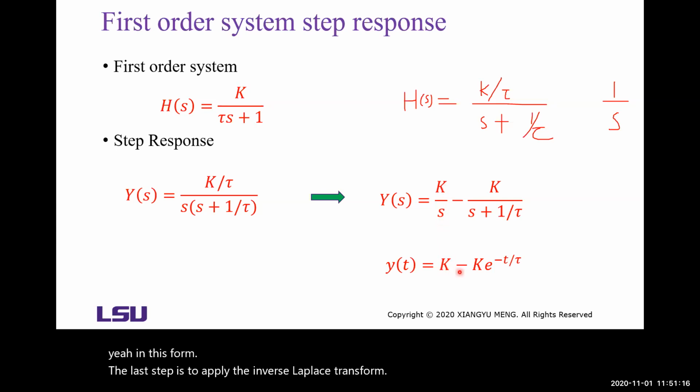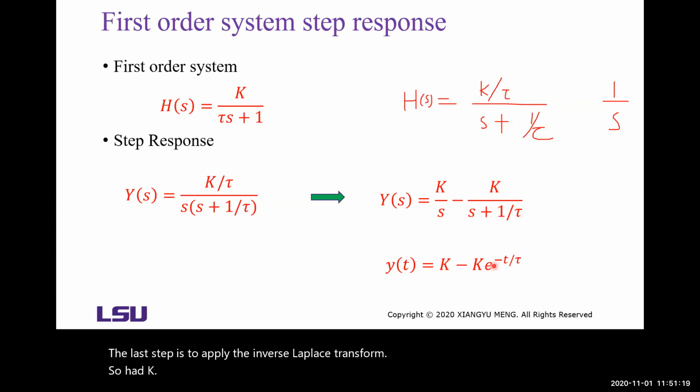So we have y(t) equals K minus K exponential minus t over tau. If you see here, the final value of the step response is K as t goes to infinity, because the second term is 0 when t is very, very large.